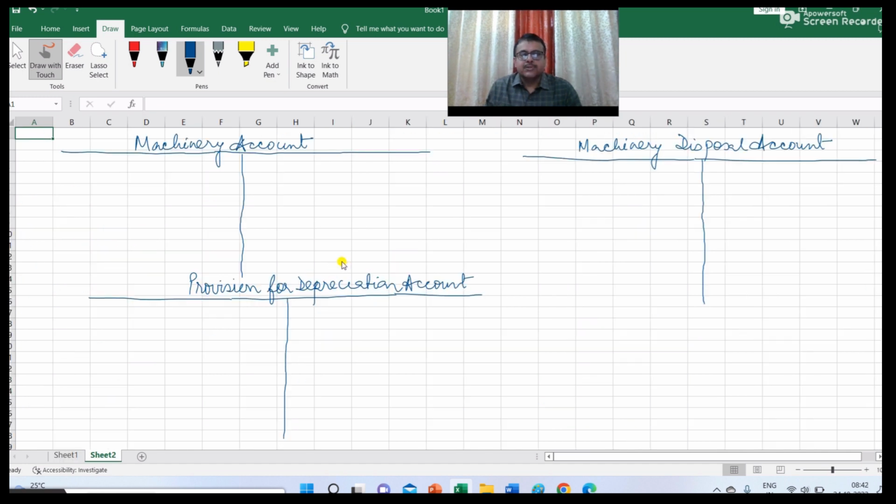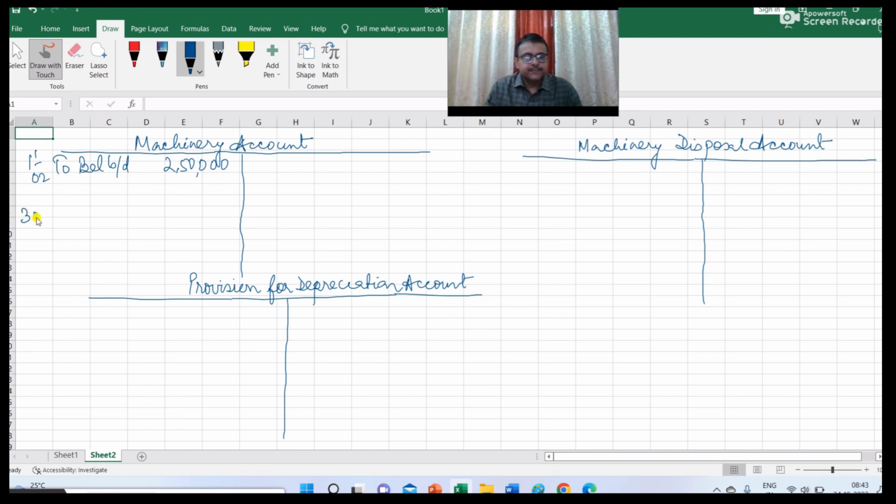I have prepared the structure of machinery account, machinery disposal account and provision for depreciation account. So it is given that on 1st January 2002, the original cost of machinery was rupees 2,50,000. So I have written here on the debit side to balance BD as rupees 2,50,000.